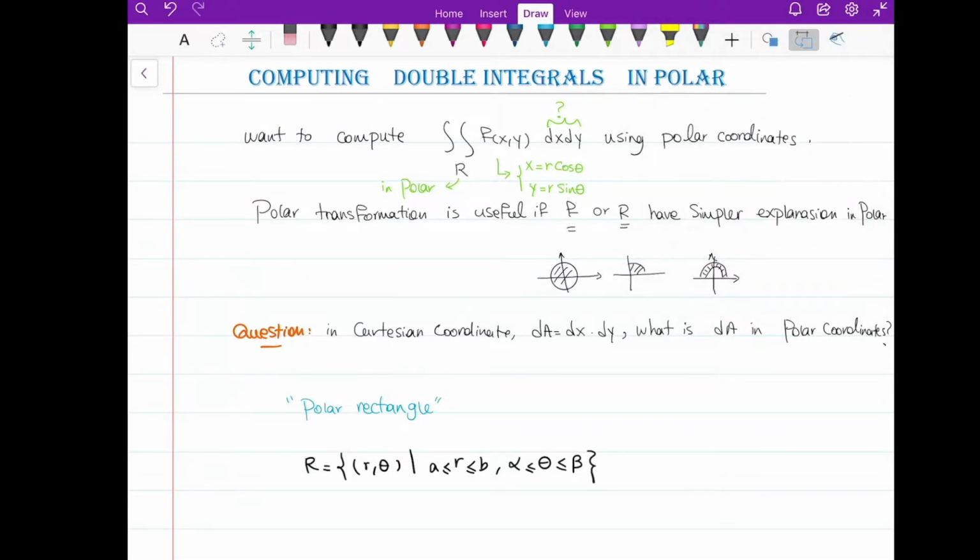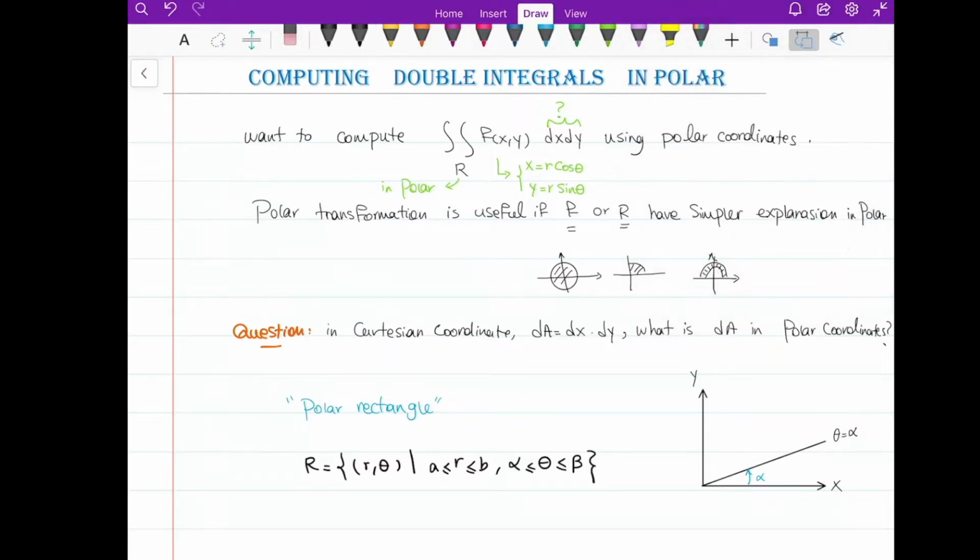This is x-axis, this is y-axis. So I'm gonna have a ray for theta equals alpha, and I'm gonna have another ray for theta equals beta. So this angle in here would be alpha.